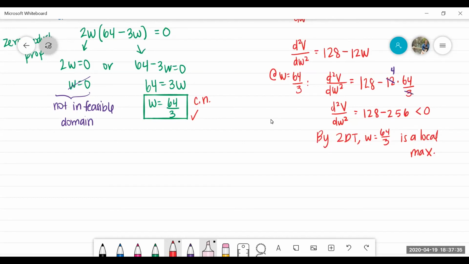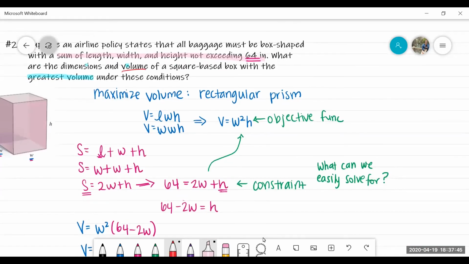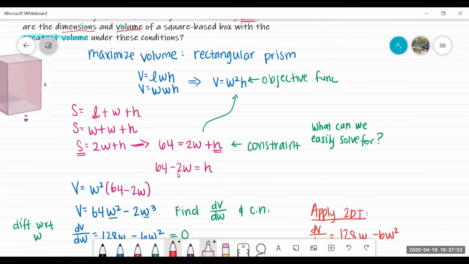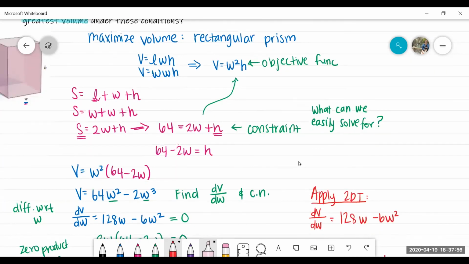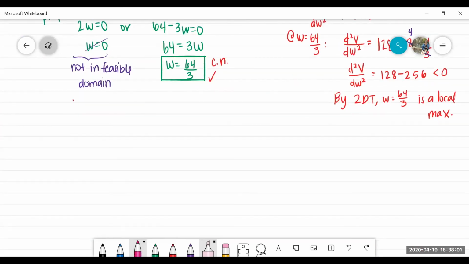So it did ask us for the overall dimensions, and it also asked us what is the actual volume and what are the actual dimensions. So we've got part of that done. Let's use this relationship here: h is 64 minus 2w. So h is 64 minus 2 times 64 over 3, which is 64 minus 128 over 3.